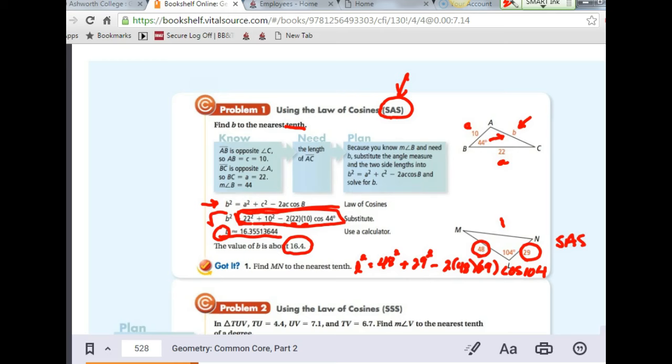And you're going to plug all of that into your calculator. And you're going to end up with, let me calculate this, 48 squared plus 29 squared minus 2 times 48 times 29 times the cosine of 104.